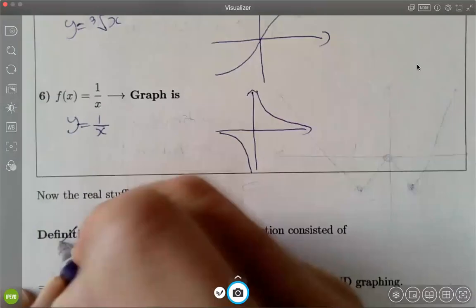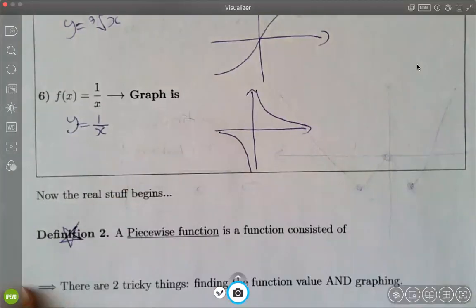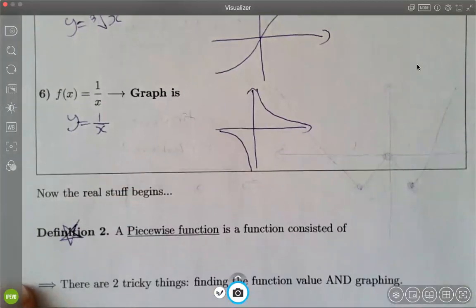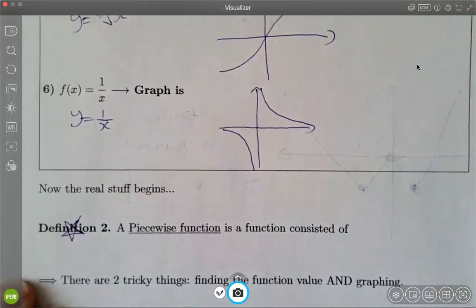Some other textbooks call it a piecewise defined function. Maybe some of you have seen or heard about this before. For those who have not or who forgot, a piecewise function is a function consisting of multiple formulas.